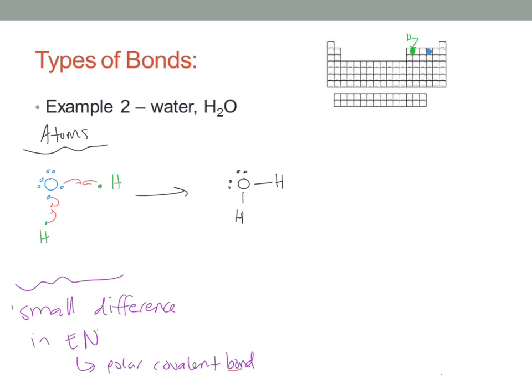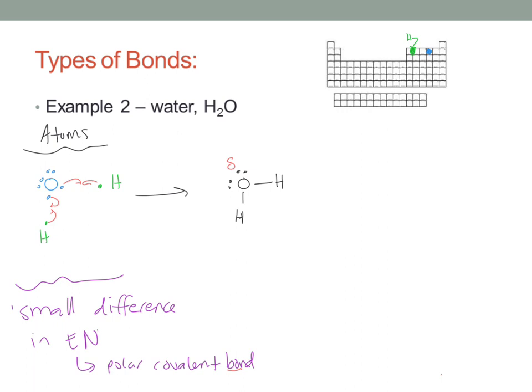Is it the oxygen or is it the hydrogen? Since oxygen's further to the right, and the periodic trend is up and to the right, oxygen is more electronegative than hydrogen, which means it is going to get more of the electron density, so it should be the thing that's partially negative.